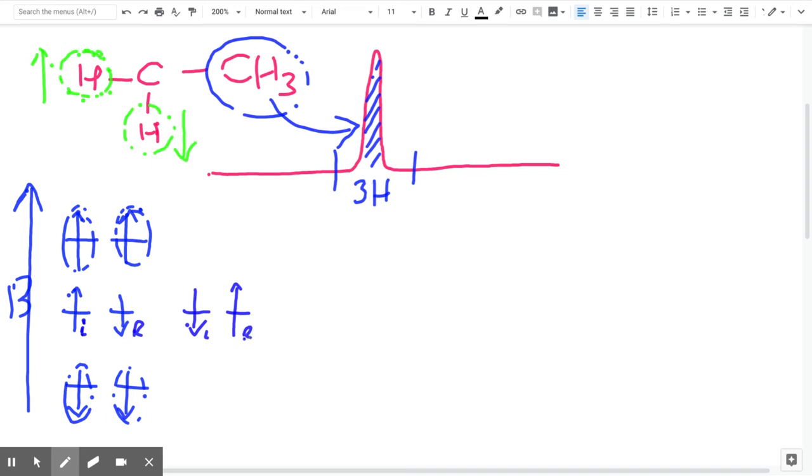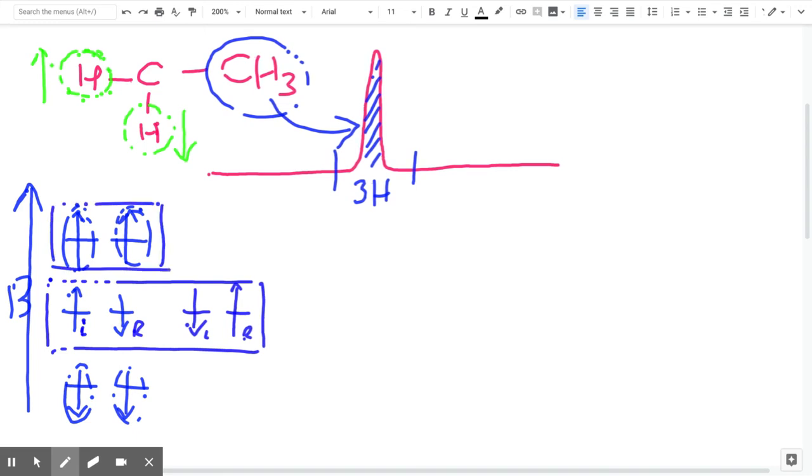And what we see is that it is twice as likely, through combinations and probability, that a situation will arise where, with two protons, one of them points upwards and the other points downwards. That is twice as likely to occur as both protons going upwards, and likewise twice as likely as both protons going downwards. And what that does to the spectrum is it splits it.